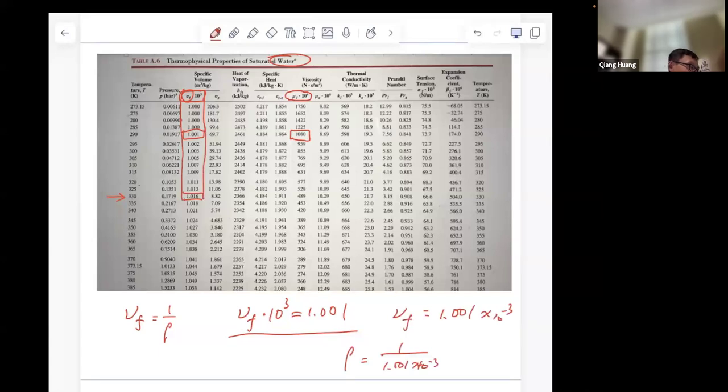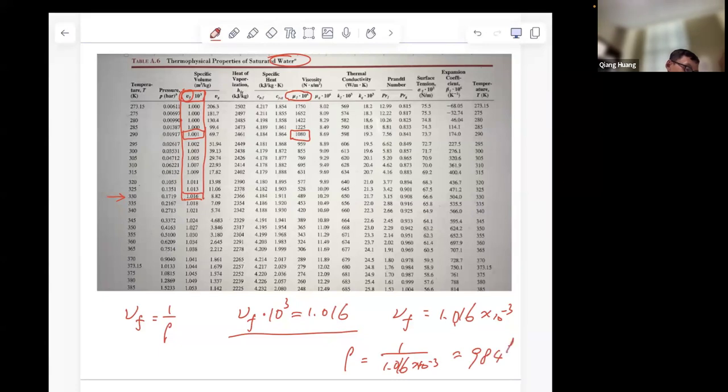If I use the 330 number, then this is not 1.001, it is 1.016. And this gives you 984-ish. And that's the density of the fluid.